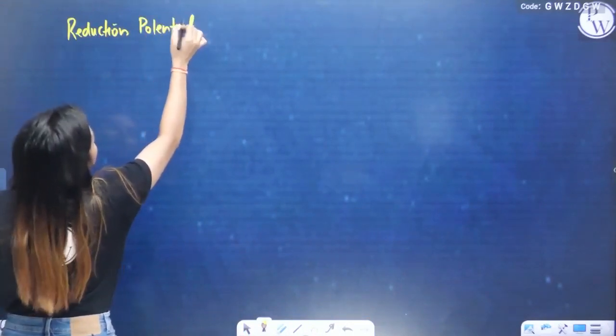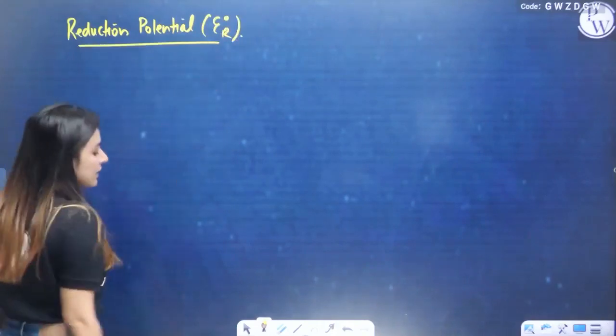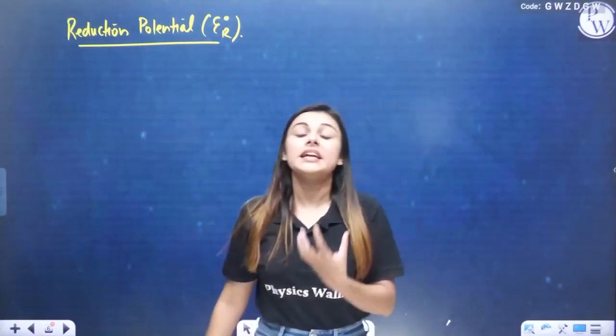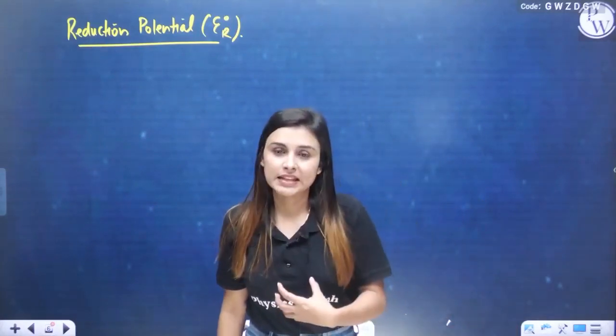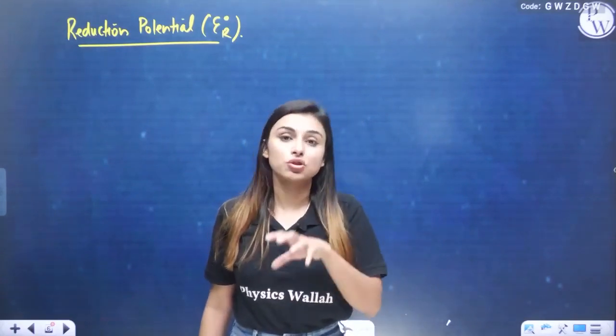Reduction potential is given by E naught of R. What does reduction potential mean? It is the tendency to reduce itself. An element which has more tendency to reduce itself, that is, more tendency to gain electrons, will have a higher reduction potential.